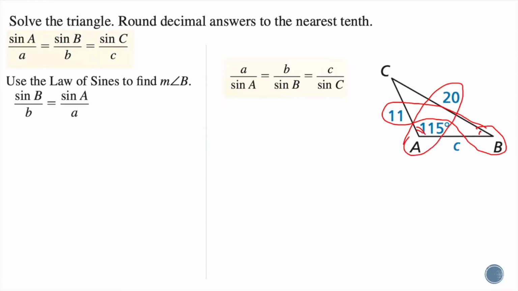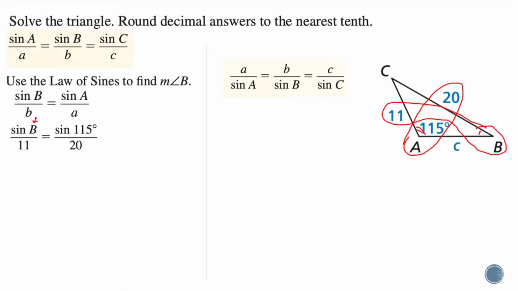So I'm going to set up my proportion, using the law of sines to find the measure of angle B. I'm using the first proportion here that you see above: sine of B over b is equal to sine of A over a. I'm using this because this is the information that is given to me. Substituting the values, I'm going to solve for angle B because I need to find that angle.